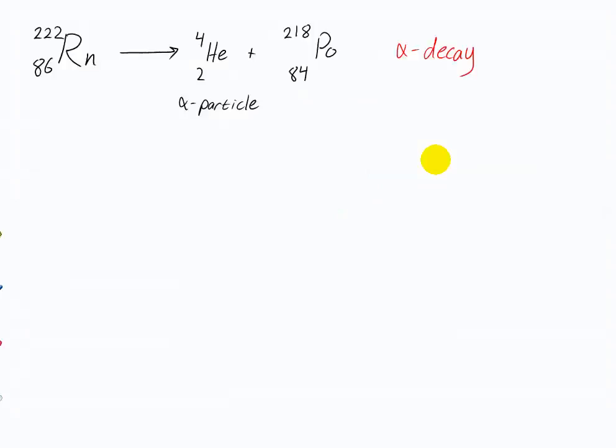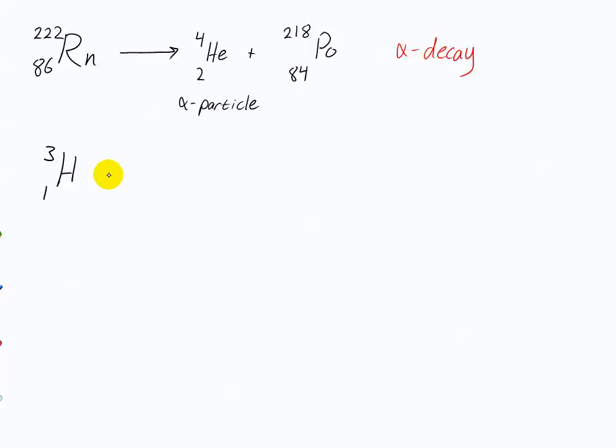So let's look at this equation. Here's the equation for a beta decay. You take hydrogen 3, which is not the normal nucleus of hydrogen, which is hydrogen 1. This is known as tritium. It's used in things like exit signs, in watches sometimes.